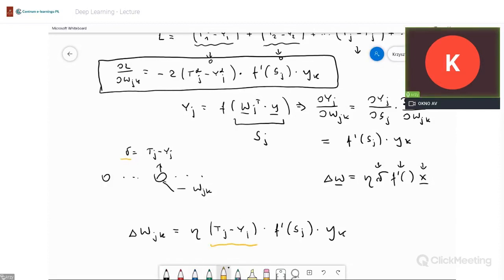I know this error because this is just a difference between what is expected and what is produced. I know this because I have computed it during the so-called forward pass.